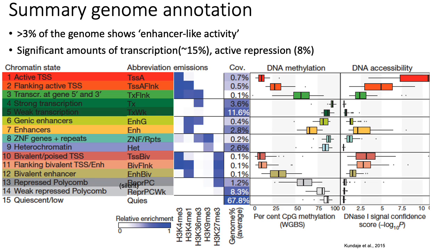And the rest, the 80%, seems to be either mostly repressed, or quiescent, or low or no functional activity across the genome. So 80% of the genome not doing anything transcriptionally active is a pretty large proportion.